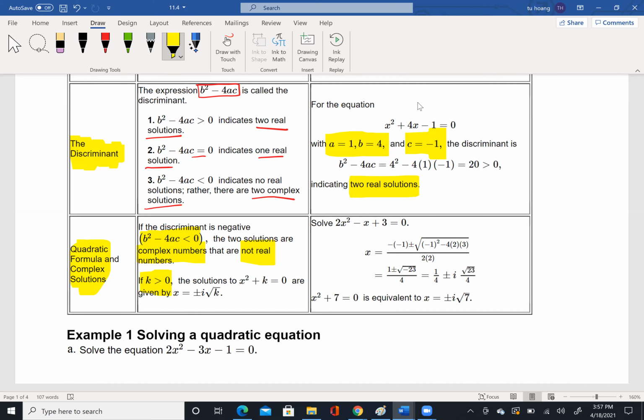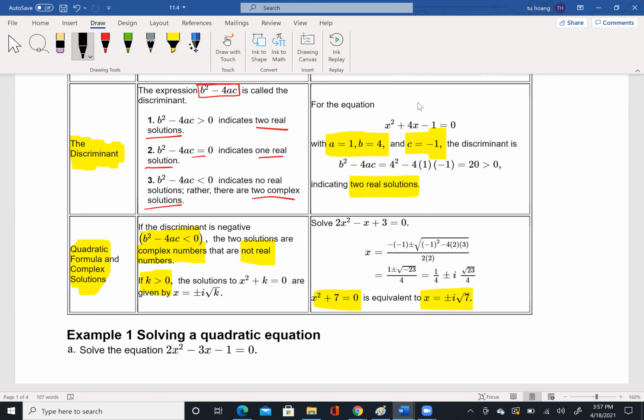Another example is x squared plus 7 equals 0, which has the solution x equals plus and minus i times the square root of 7.